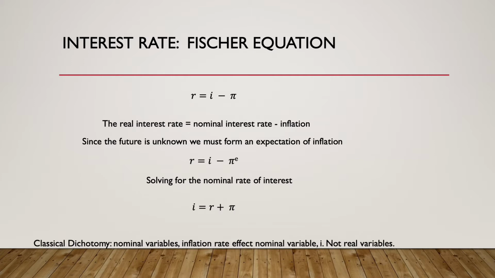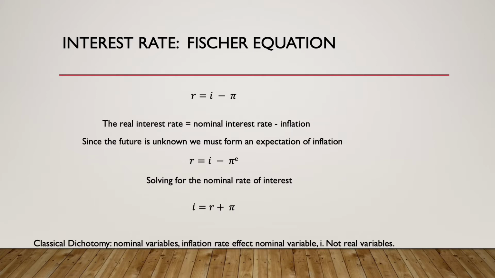In the classical dichotomy, remember, nominal variables such as inflation affect other nominal variables such as the nominal interest rate, but not real variables. So if we're looking at that third equation, where we've solved for the nominal interest rate i, we have i is equal to r plus pi. Take r as being fixed, right?